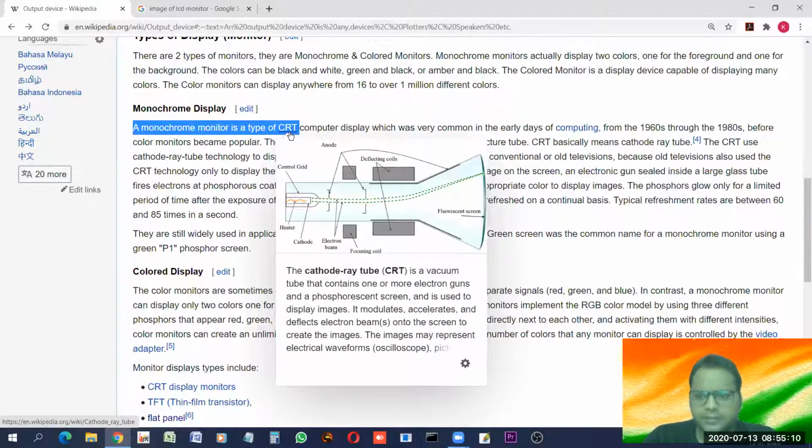Look at this. This is the cathode ray tube, and a ray is emitted, and there is a fluorescent coated screen, where the electron is emitted and images are formed.